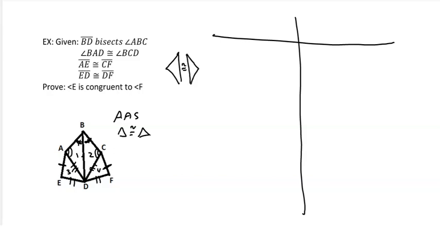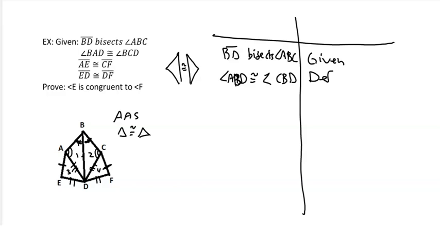Let's do that first. So if we said BD bisects angle ABC, which is given, that leads us to be able to say angle ABD is congruent to angle CBD by def of angle bisector.